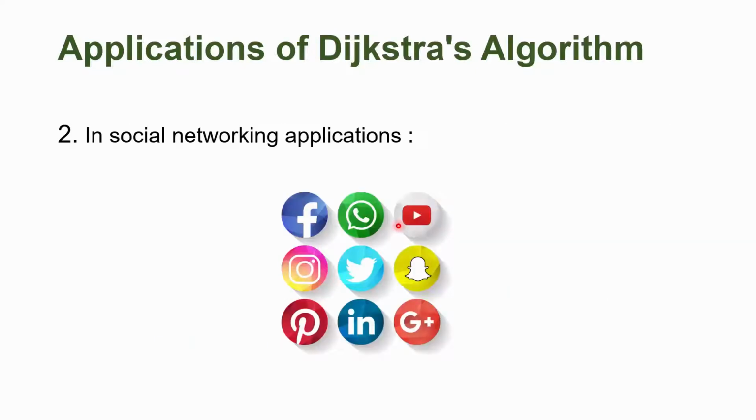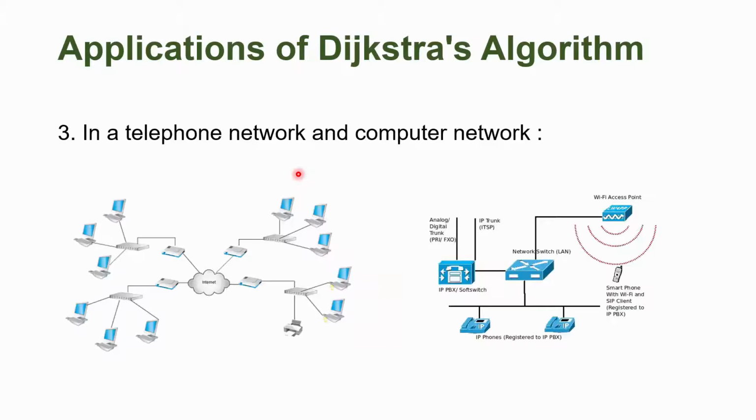In networking applications such as Facebook, Instagram, or your Gmail, WhatsApp, it uses Dijkstra's algorithm. It actually works in a very complex way, using 2 or 3 Dijkstra's algorithms or 2 or 3 other algorithms. Third one is in telephone networks and computer networks, which is very important.